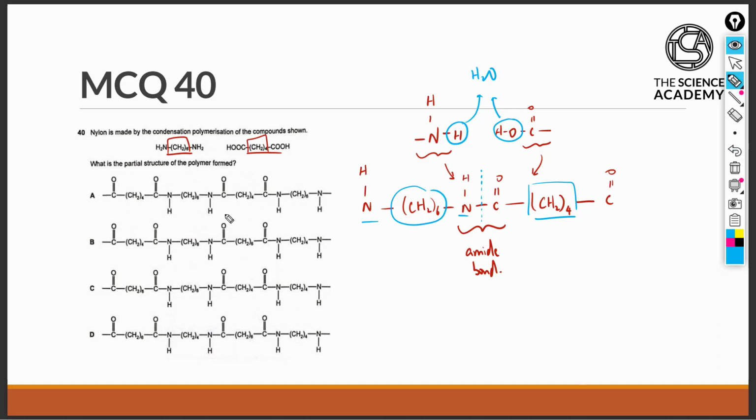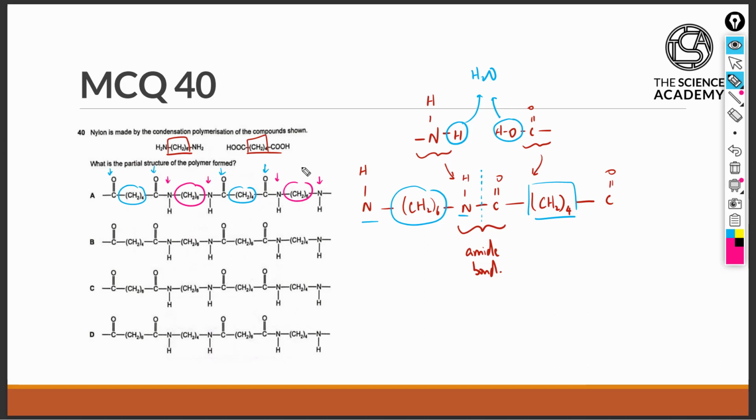In option A, we can see that (CH2)4 is found between the carbonyl groups, while 6 CH2 is found between the amine groups that form the amide bond.